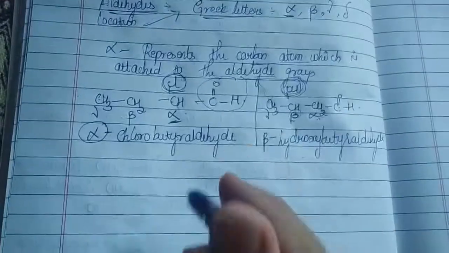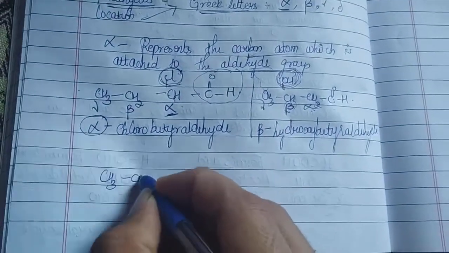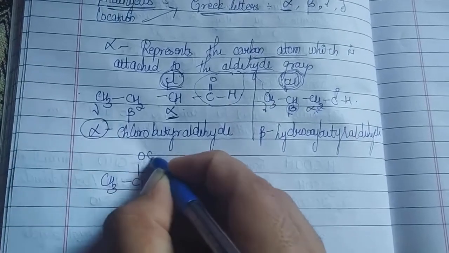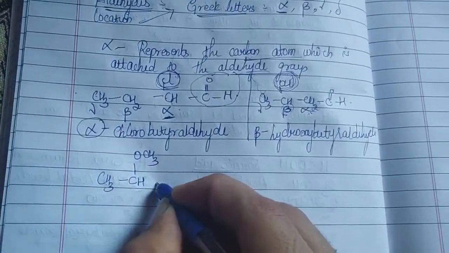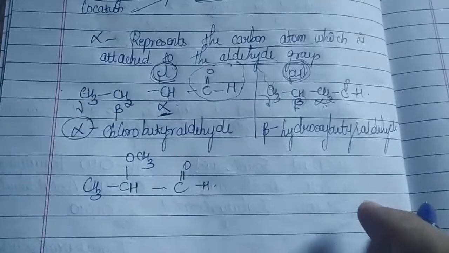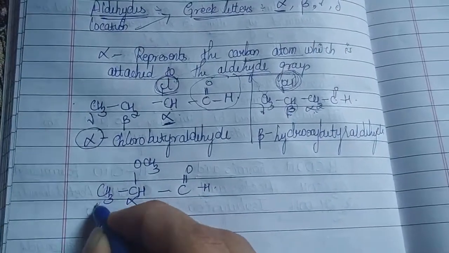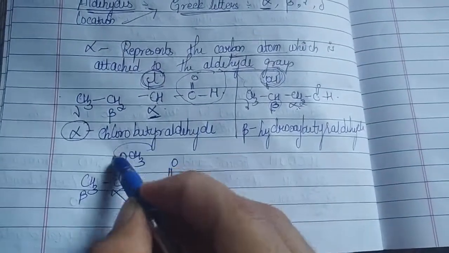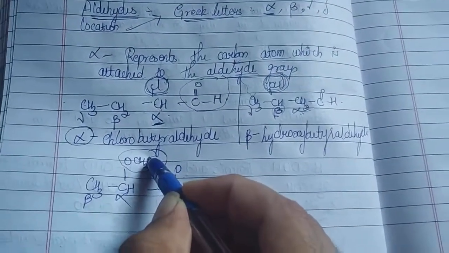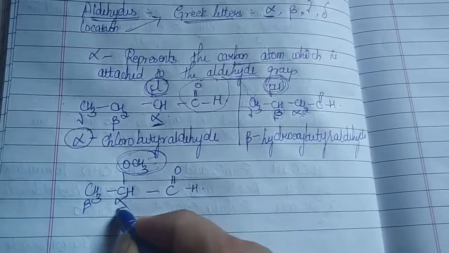For example, let us take now one more. CH3, here let me take OCH3, and here let us take C double bond O H. It is an aldehyde group. So now this will be our alpha, this will be our beta, but the substituent is at the alpha position. So how can you name it? Methoxy at the alpha position.